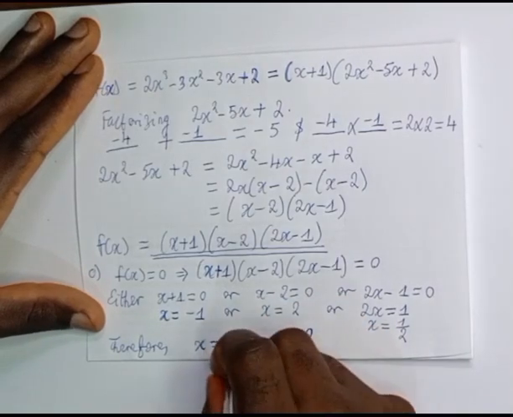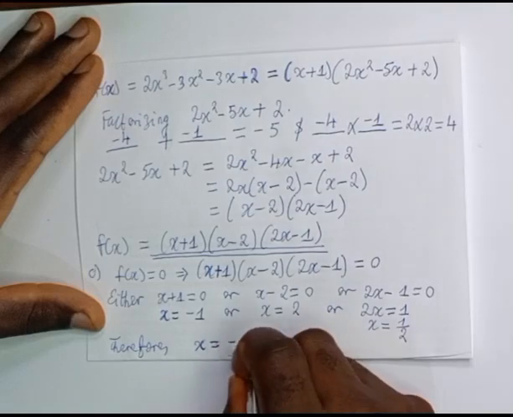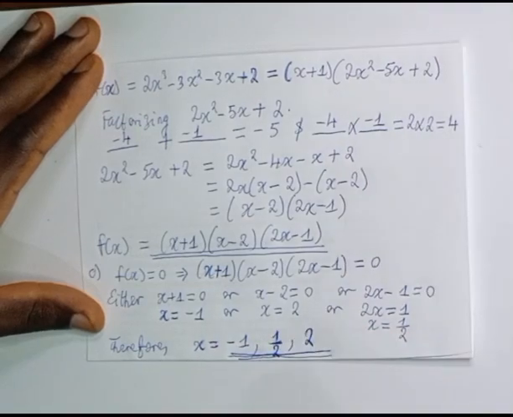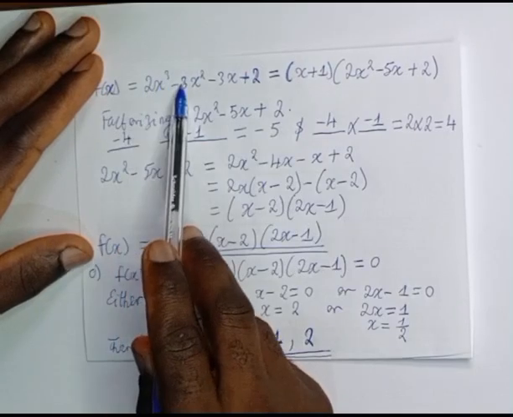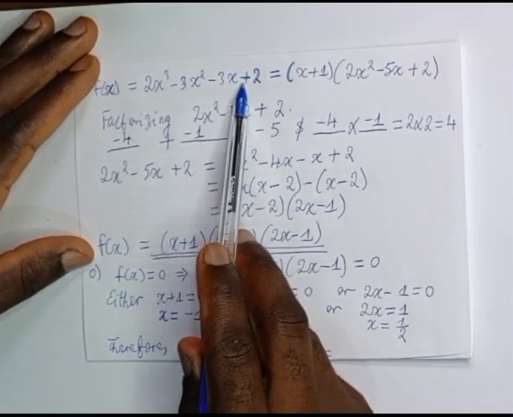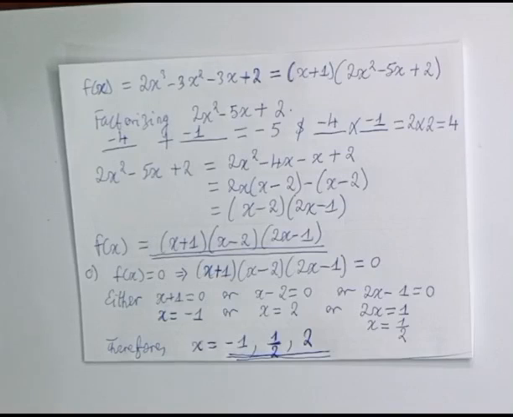So these are the values of x for which the polynomial f of x, which is equal to 2x cubed minus 3x squared minus 3x plus 2, is equal to 0. We are done with the solution of this question.